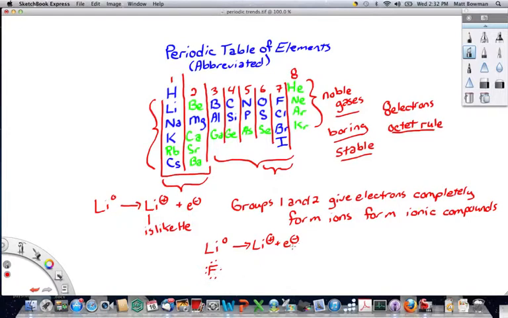If it accepts an electron, it becomes F minus. This also has a complete octet. The compound lithium fluoride is an ionic compound.